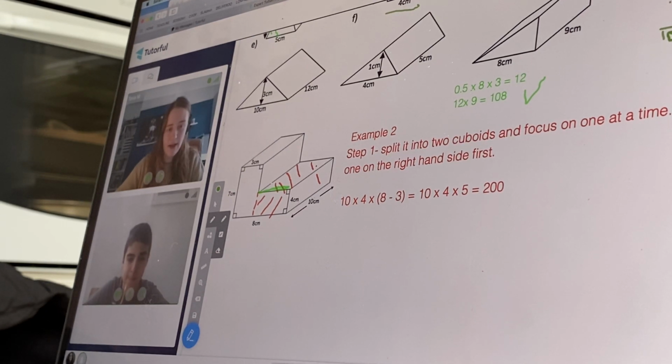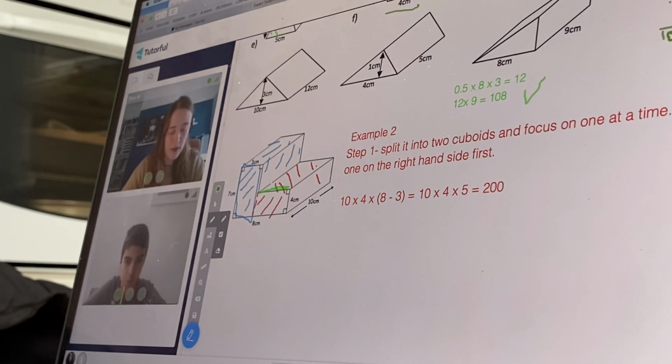And then I say, right, now I'm going to do the other side, the blue side. Let's draw that this side. And then let's do it in blue.